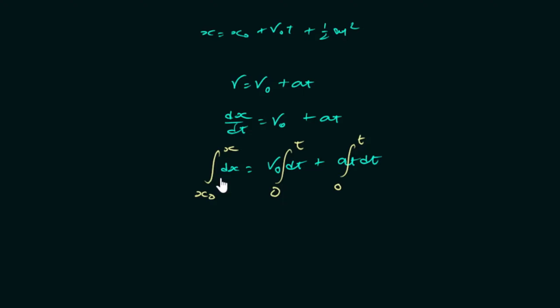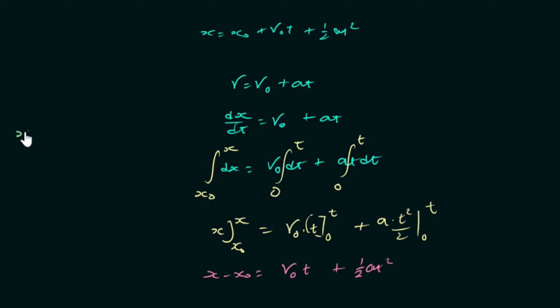This is v naught into t, with limits from 0 to t, plus a into t square by 2, with limits 0 to t, right? So this is x minus x naught equals v naught t plus half a t square. So the equation will ultimately be x equals x naught plus v naught t plus half a t square, right? This is our second equation, which we derived using the earlier equation. So I can write it as equation number 2.